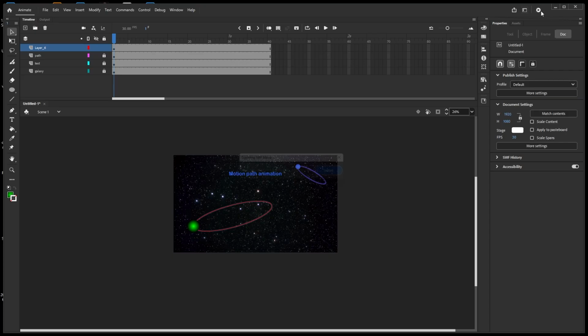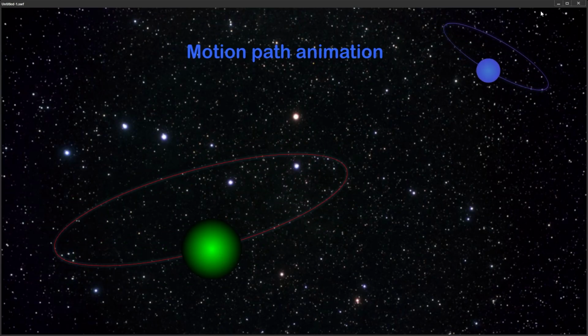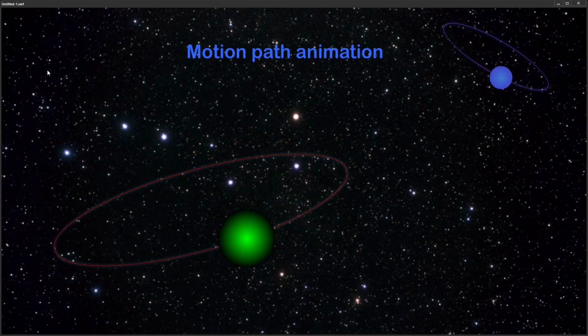Now play this one. This is really nice looking. And if you want, you can move somewhere here, but this is enough. It's looking nice. So this is the motion path animation for the planet animation.